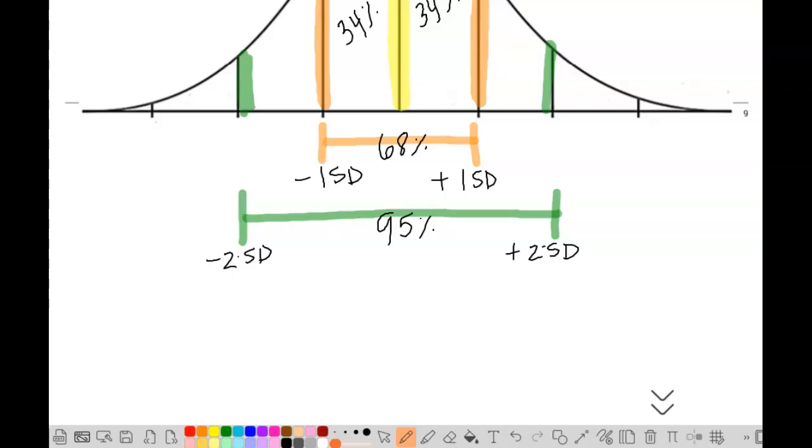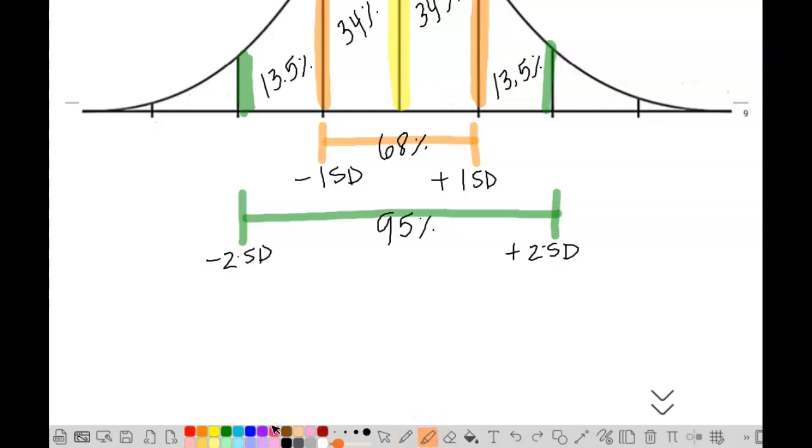And then what was the percentage in these intervals? 13.5. Alright, that is 2 standard deviations from the mean. What's next?